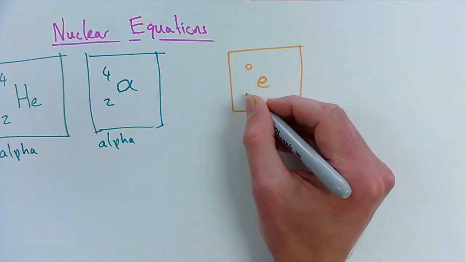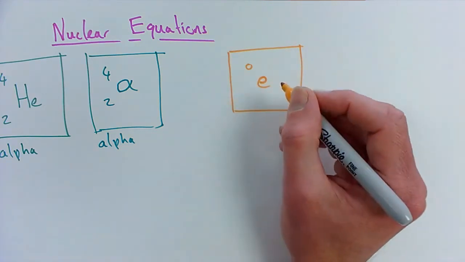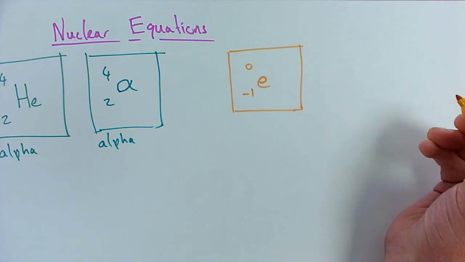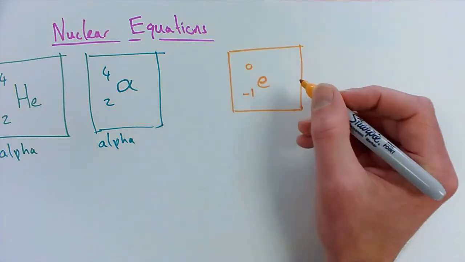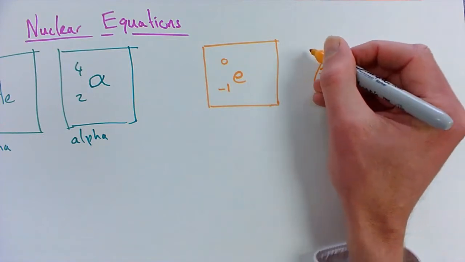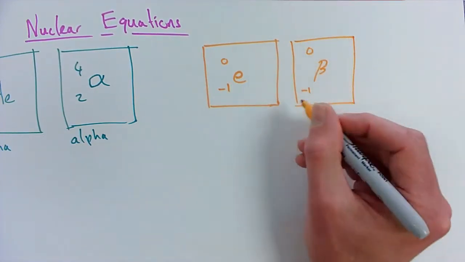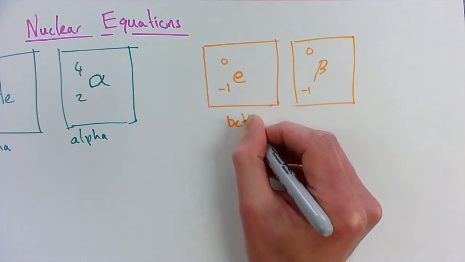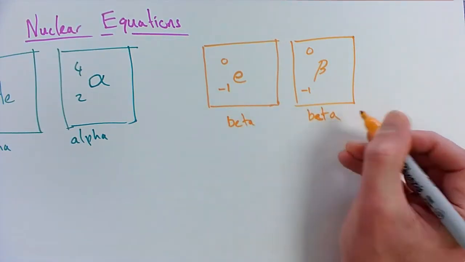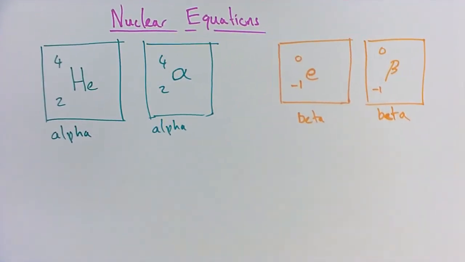So rather than putting a +1 there, because an electron's got the opposite charge to a proton, we represent it with a -1 there. And again, like we did for alpha, beta we could also represent with a beta symbol, like this. So there are both ways of representing beta, and both ways of representing alpha.